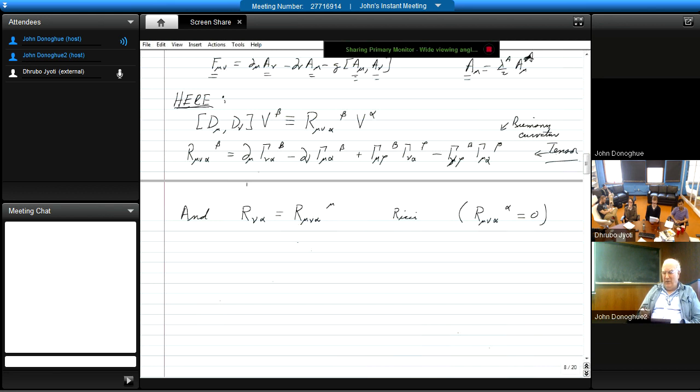Okay, this goes by the name of Ricci curvature, and you can take one more. You can take G nu alpha R nu alpha equals R, which is the Ricci scalar.